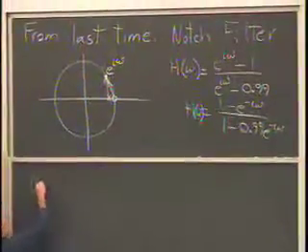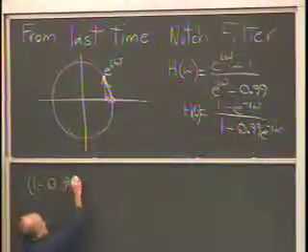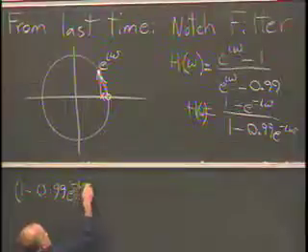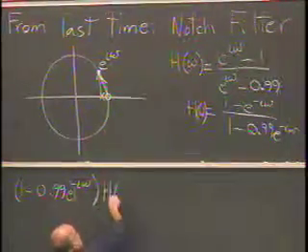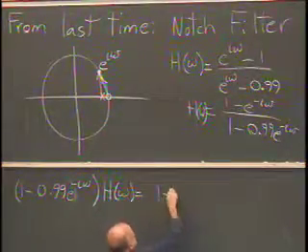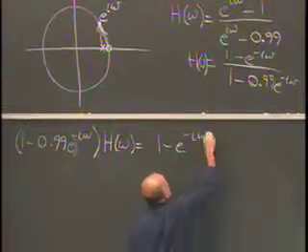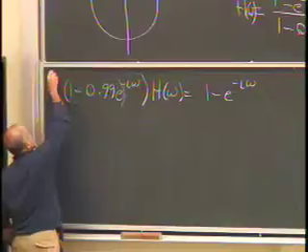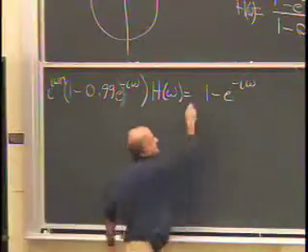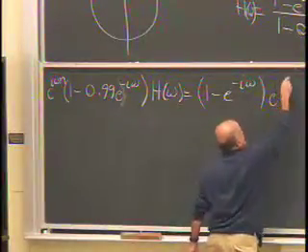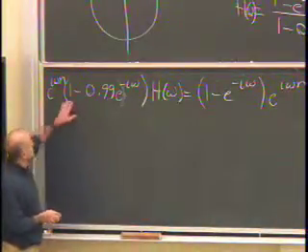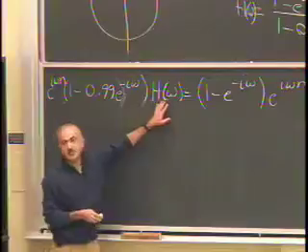And when I cross multiply, of course I do this stuff in my head when I'm writing this, and you should get quick enough with it so you can do the same thing. And now if you just multiply both sides by e to the i omega n, you will see where this came from in the time domain.